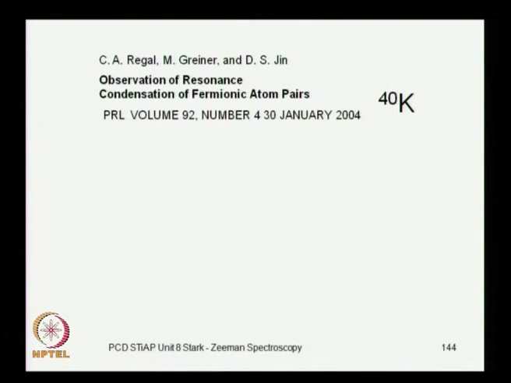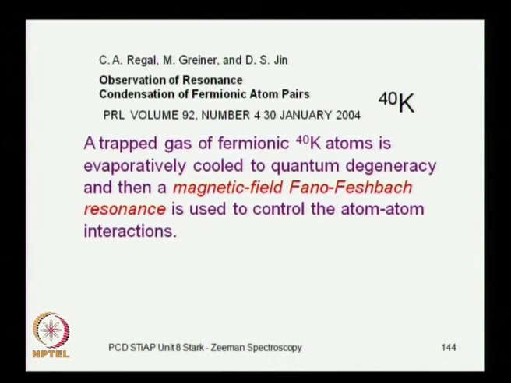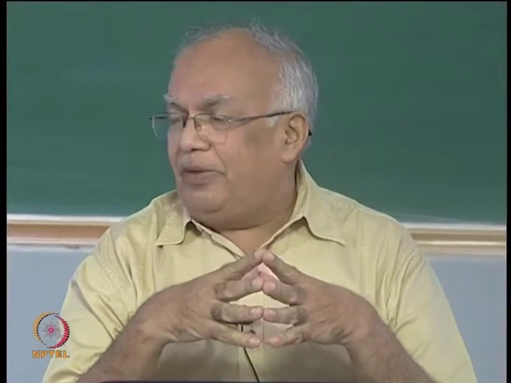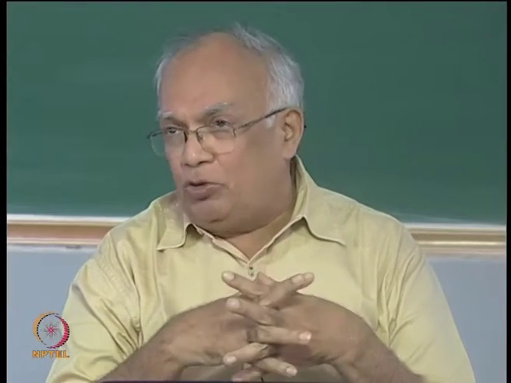This is a radioactive isotope, but it has a very large lifetime, and a condensate of this atom has been achieved by Riegel. The way it is done is by having additional controls, because they had a magnetic field which influences what are known as Fano-Feshbach resonances.